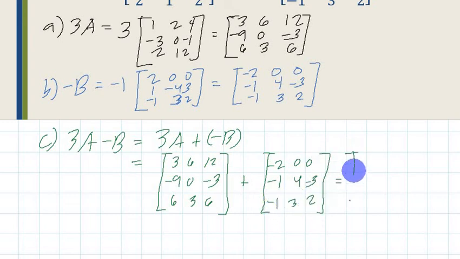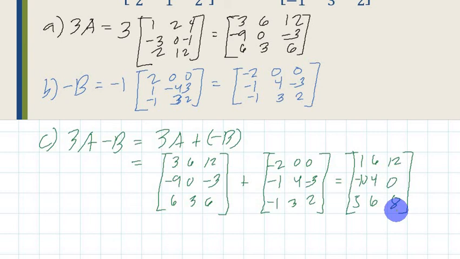So therefore, we get this matrix 1, 6, 12, negative 10, 4, 0, and then 5, 6, 8.